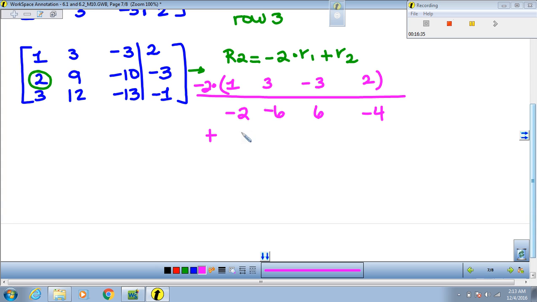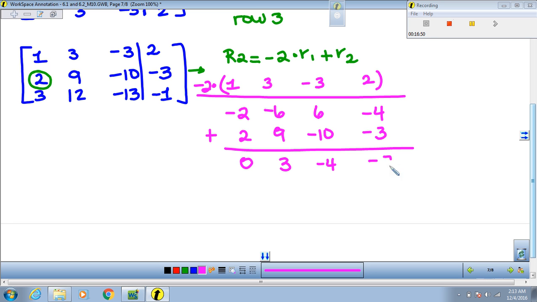Plus every number in row 2. So plus 2, plus 9, negative 10, and negative 3. And then you just add them up. So this is going to be 0, 3, negative 4, negative 7. So now we rewrite here 1, 3, negative 3, 2.